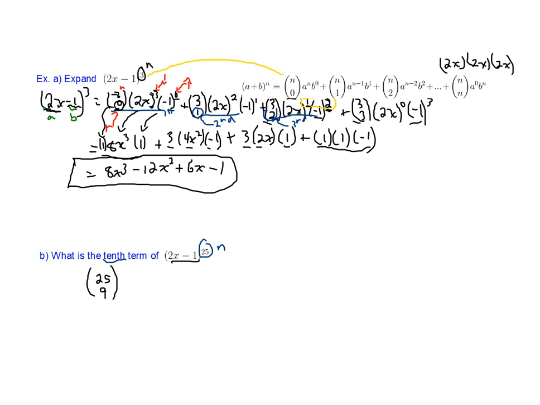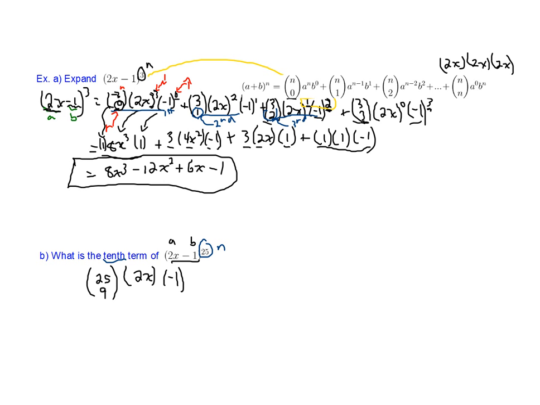And then we take our a value. So again, this is a and this is b. 2x here. We know we're going to have some exponent here. Let's come back to that exponent in a second. And then we know that the b value is negative 1. Notice here on our b value, the exponent was always whatever the r value was.